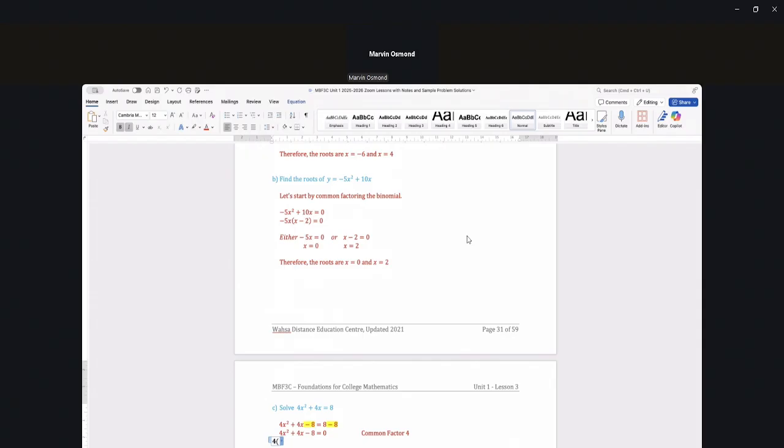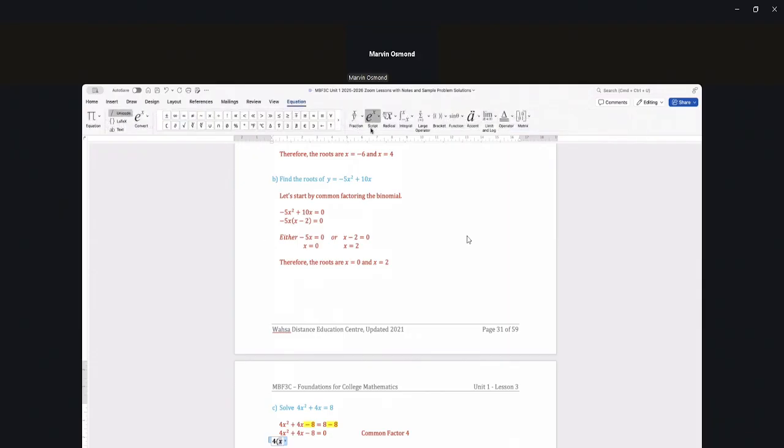So 4x squared divided by 4 is x squared. 4x divided by 4 is going to be plus x, and then minus 8 divided by 4 is 2, and then that's going to be equal to 0.